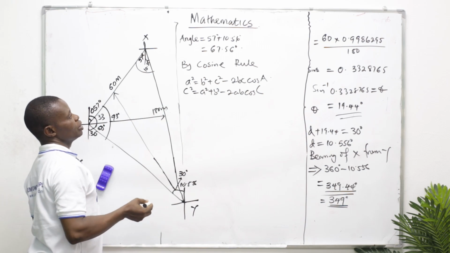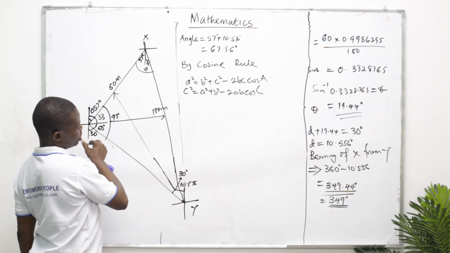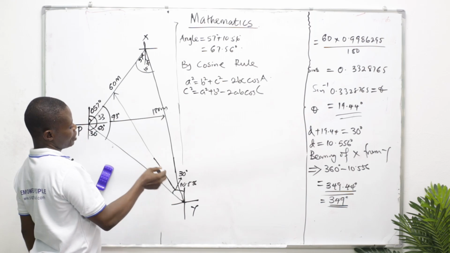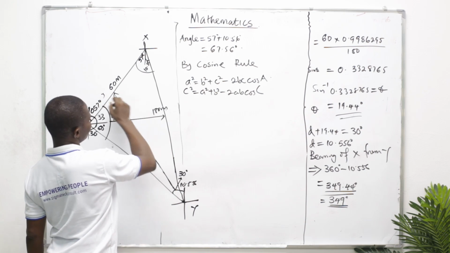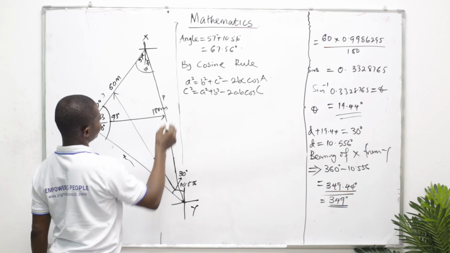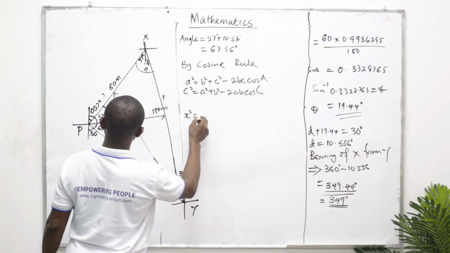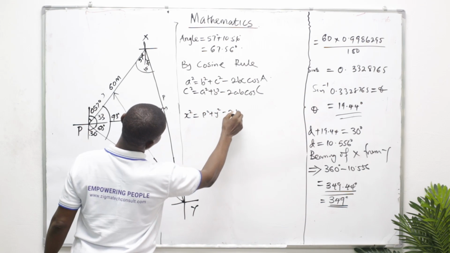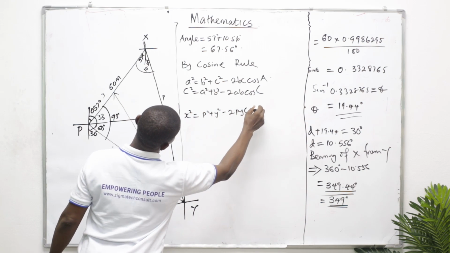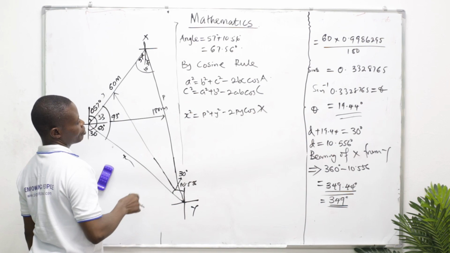Good. But these are not the letters we are about to use. Here we have P, Y, and S. Here is small s, here is small y, here is small p. So we are looking for s squared, which equals p squared plus y squared minus 2py cos capital X. So this is our business.